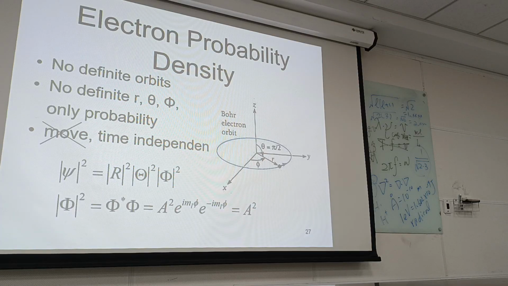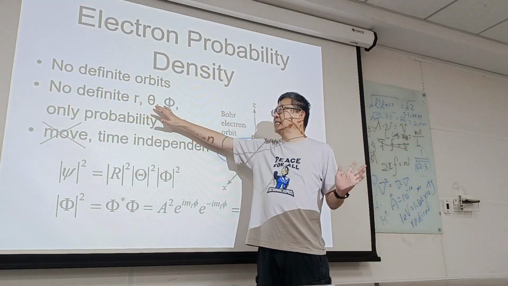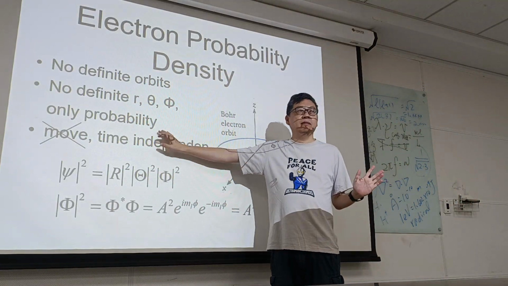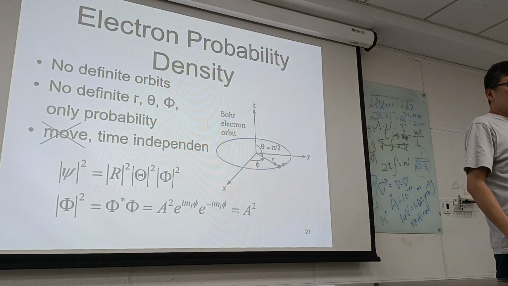There's no circular orbit. It's just a probability. The electron can be anywhere. You cannot find theta or phi, only probabilities. They are sometimes here, sometimes there.